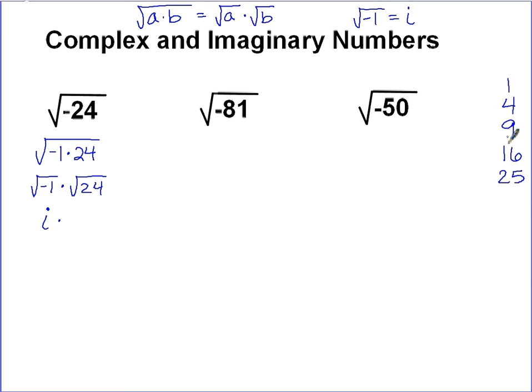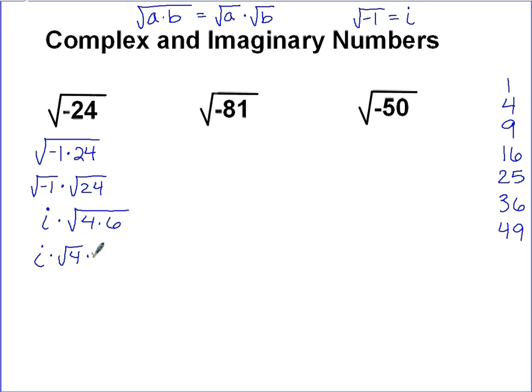You're looking for these numbers, 36, 49, and so on, that might be a factor of 24, and the largest one at that. So the largest one of these numbers in this list that is a factor of 24 is 4. So I'm going to factor this as 4 times 6, and then I'm going to split it up.